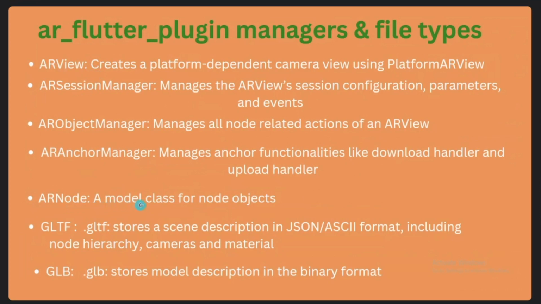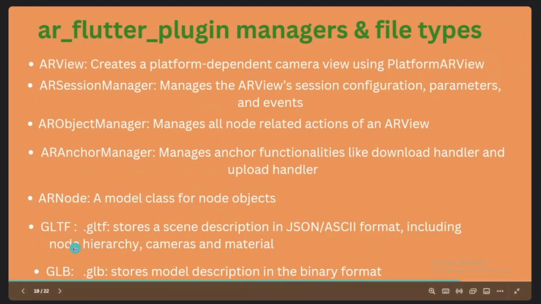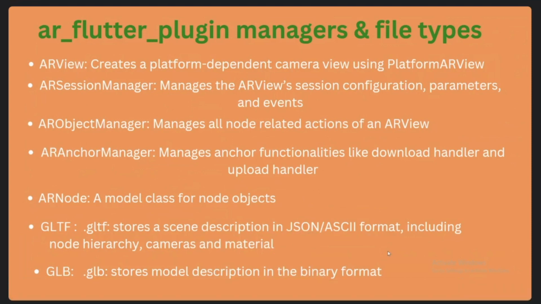Nodes are those objects. And the beautiful thing about ARCore is that they use separate file extensions like GLTF and GLB. GLTF uses JSON and ASCII format, and GLB stores the model in binary format. So these are two different file extensions used to store the models inside our AR-enabled apps.